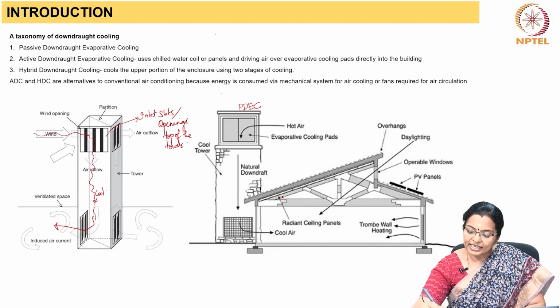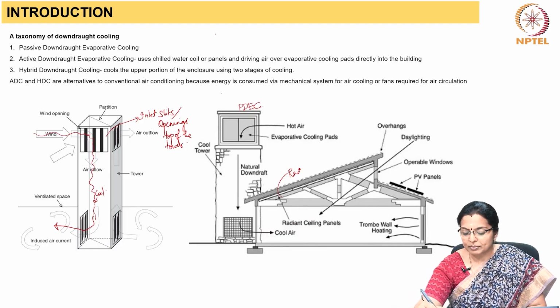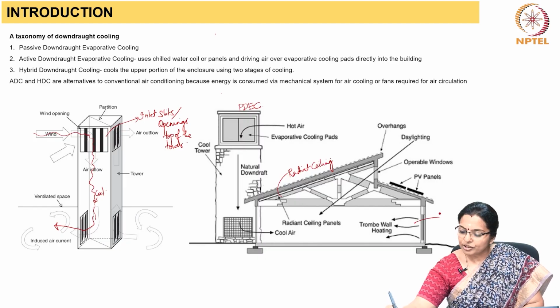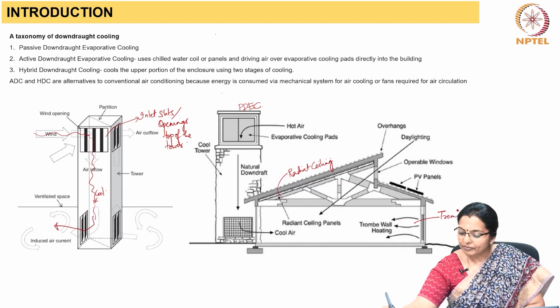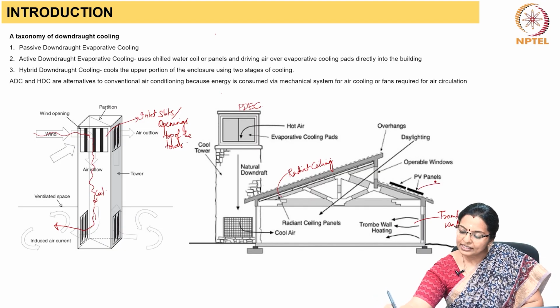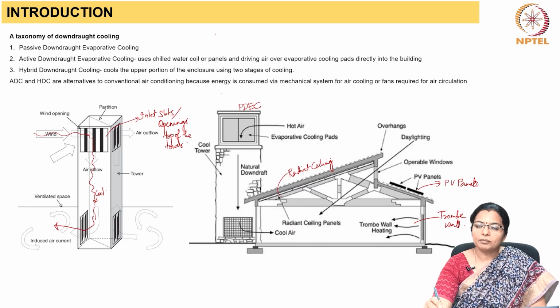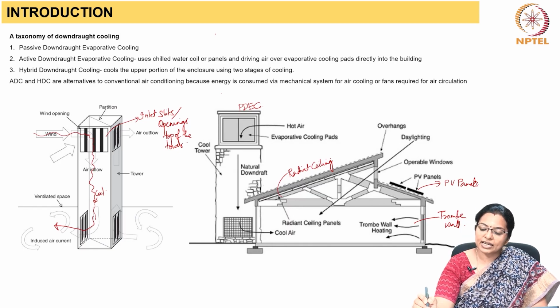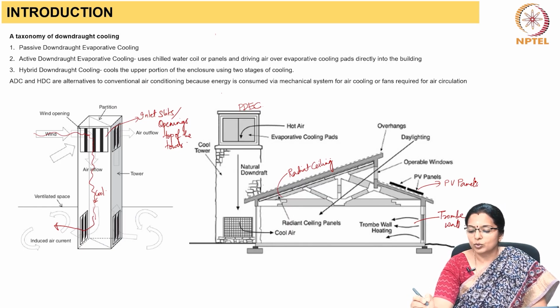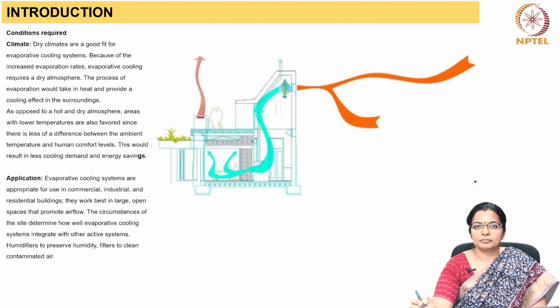Then there are radiant ceiling panels, which we will be studying later, and there is a Trombe wall for heating, which again we will see in another class, and there are PV panels. So this demonstrates that multiple advanced passive techniques can be used in a single building to achieve the desired result.